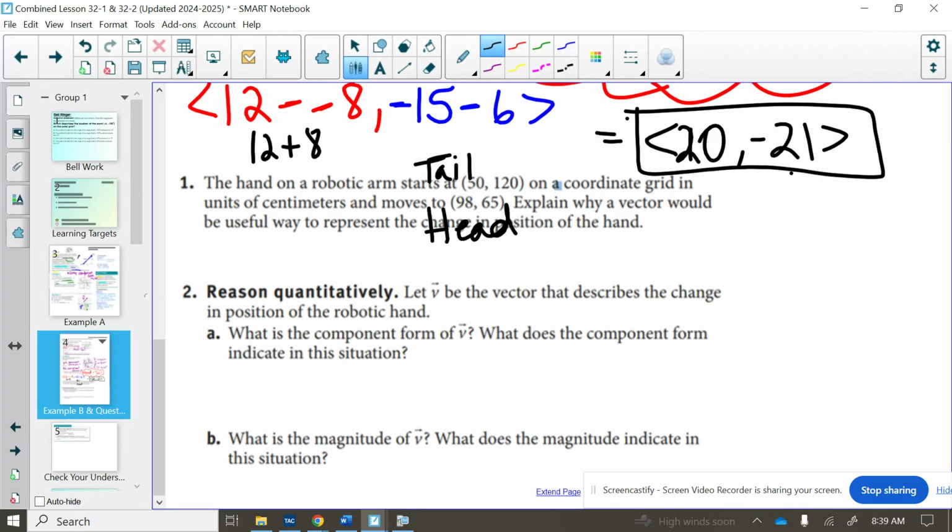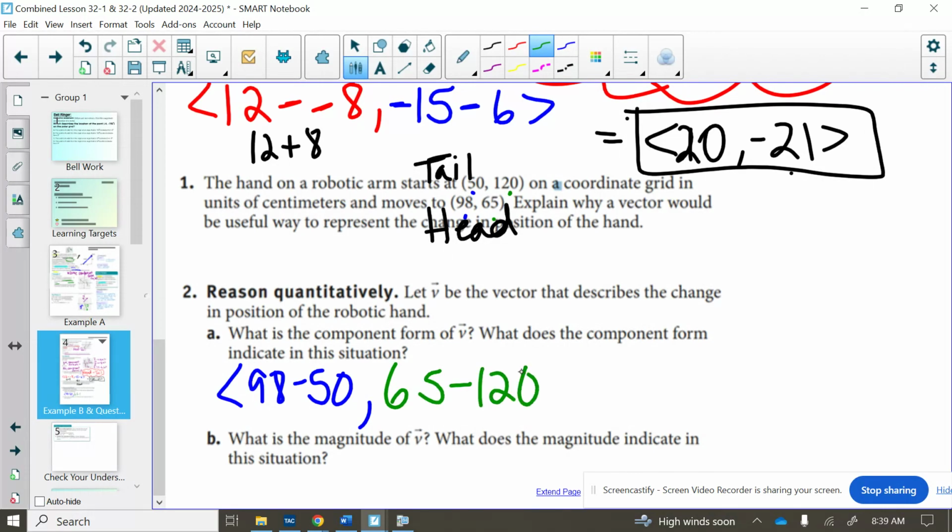So when we are looking for the component form of this situation, we would be taking, again, our head coordinate minus our tail coordinate for the x's, and then head coordinate minus tail coordinate for the y's to get parameter b. And in this case, we end up with 48, comma, negative 55 as our a and our b value.